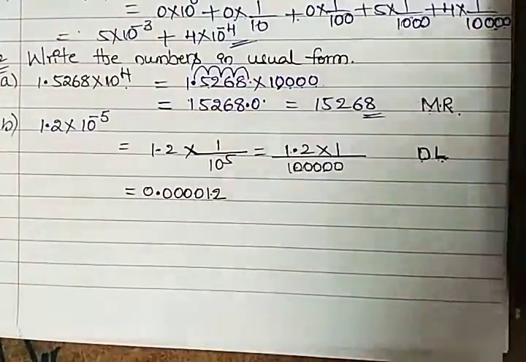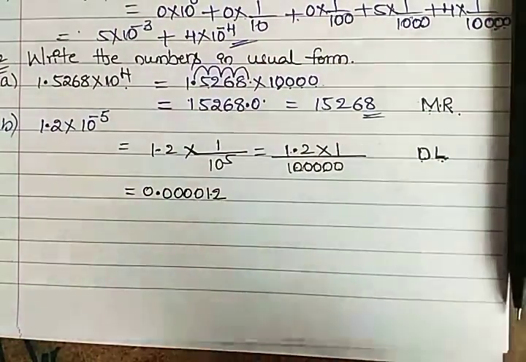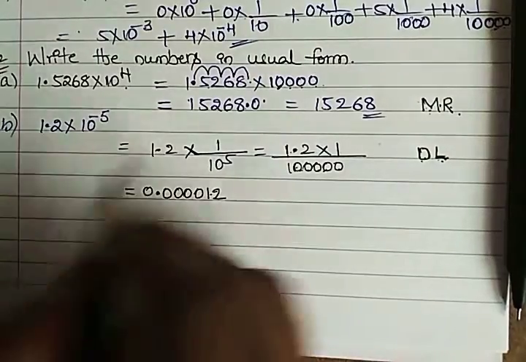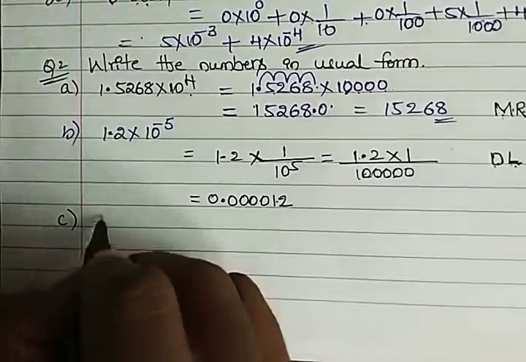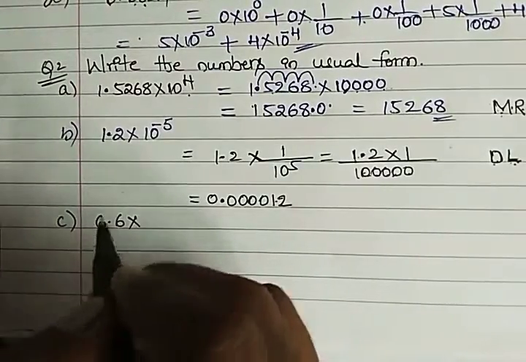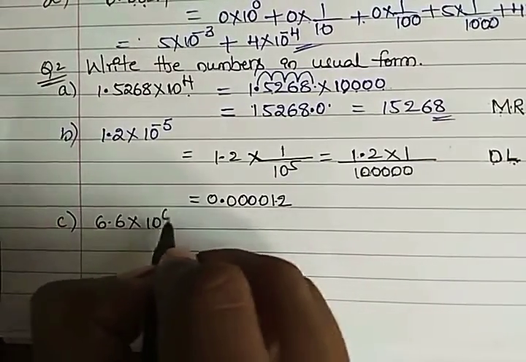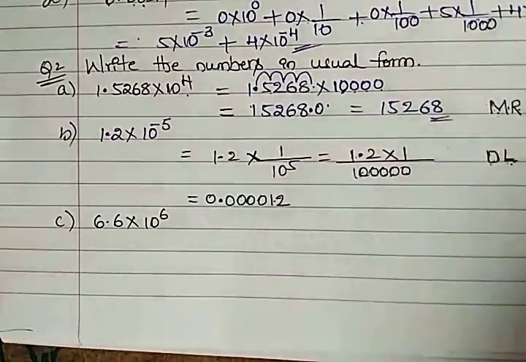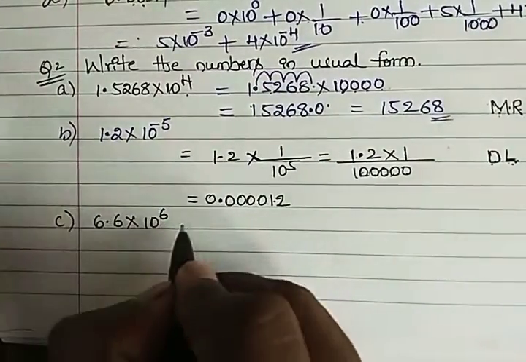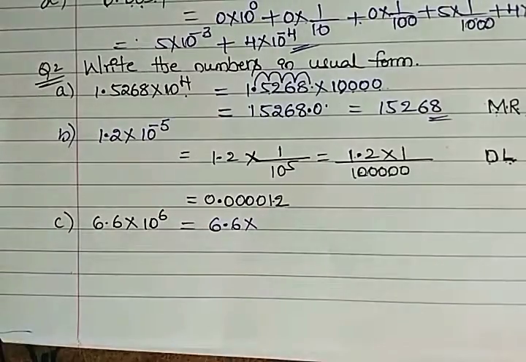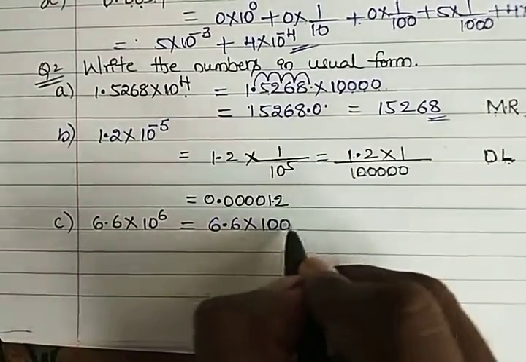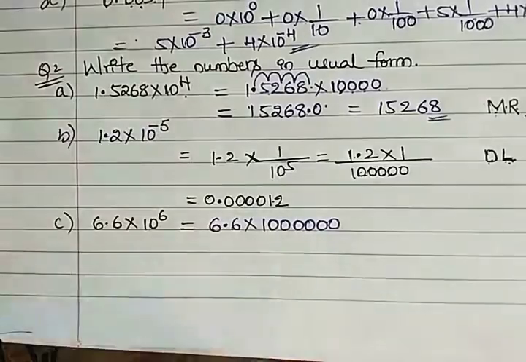And then the third one, C of question number 2, is 6.6 into 10 power 6. That means 10 power 6 is 1 followed by 6 zeros.